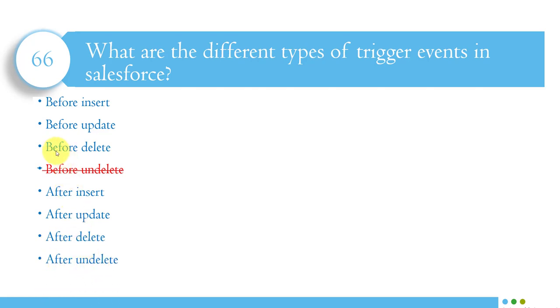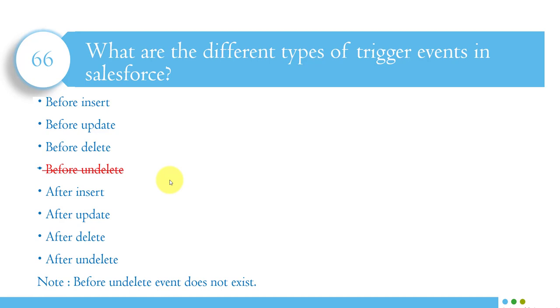Think about it, just common sense. Before undelete, we cannot do anything because the system doesn't know about it. So after undelete we can do. The note: the before undelete event does not exist. To go a little deeper, do you know how undelete is done in Salesforce? If I delete a record, it goes into the recycle bin, so it is out of that context.